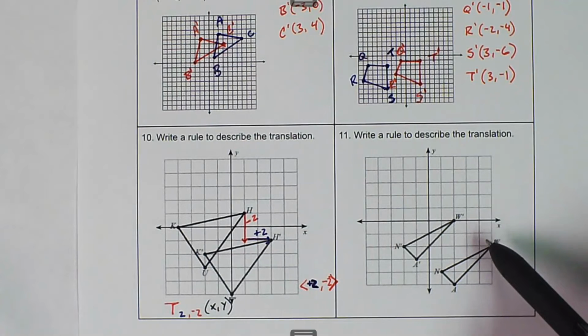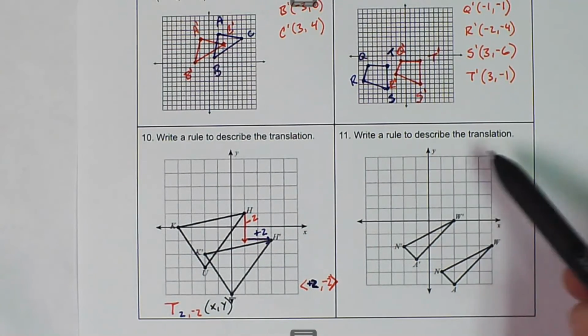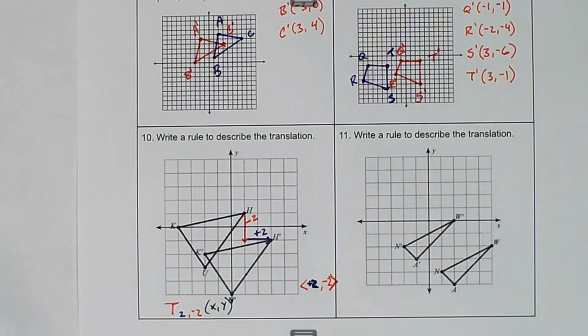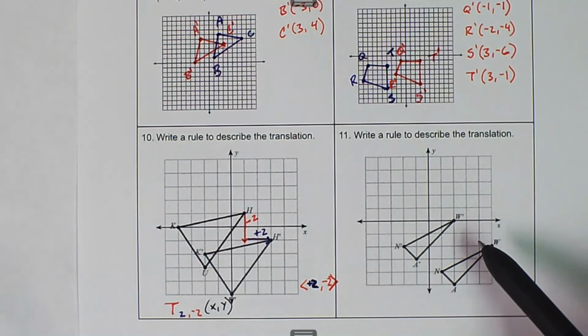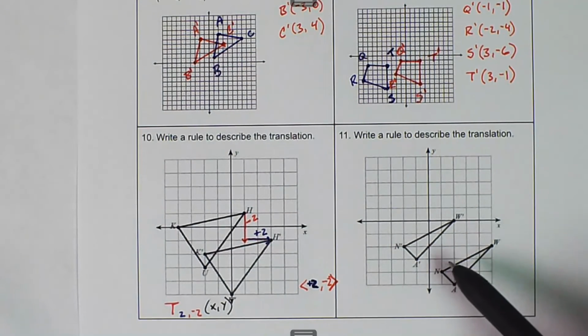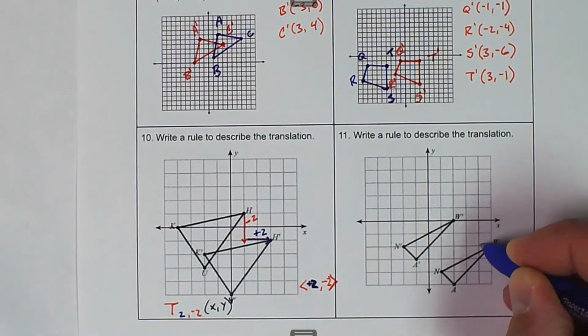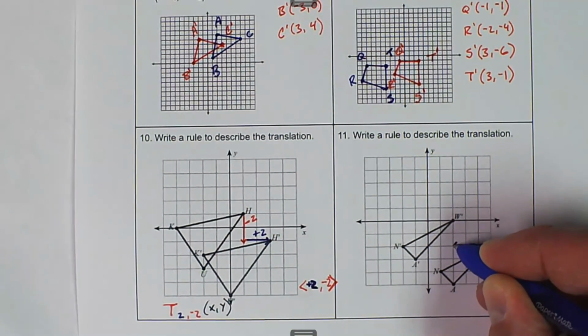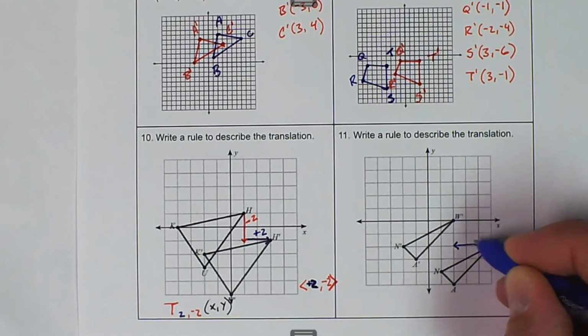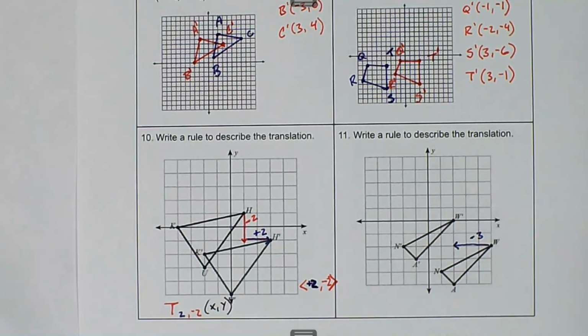So then we're looking at example 11, and it says the same thing. We want to write the rule to describe the translation. And again, we just need from one point to the next. I'm going to use W and W prime. To go from W to W prime, the first thing we do is go left in this direction, and to move in that direction, that has to be a negative 3.